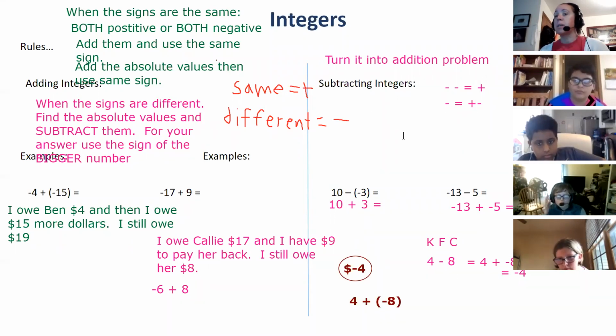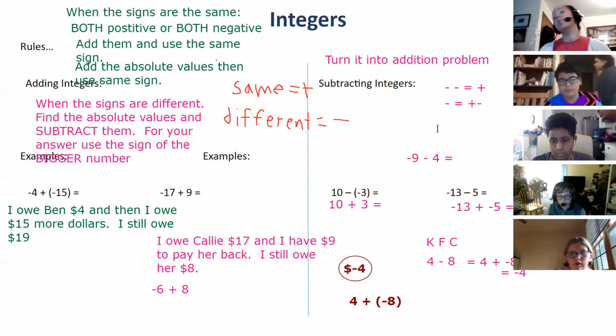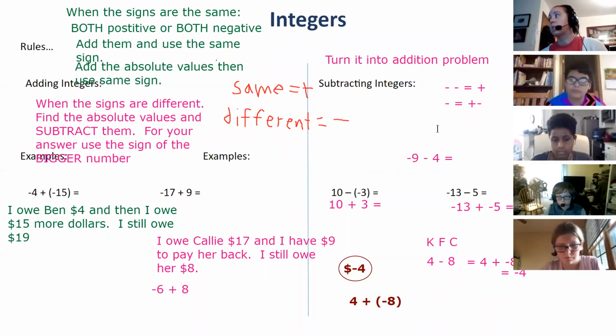Let's try one more time. I'm annoying with it, I know. -9 minus 4. What would that change to for an addition problem? -9 plus -4. Nice. He's got it.